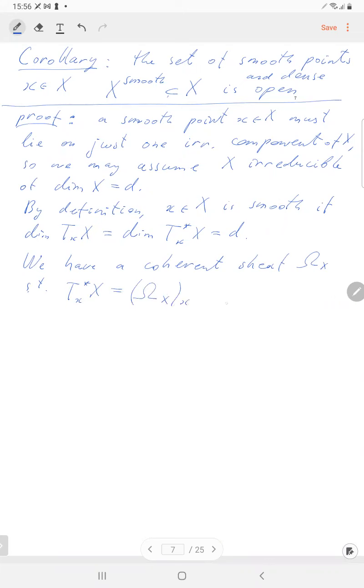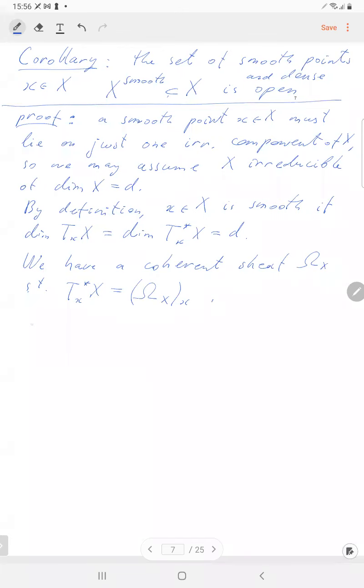But again, if you remember from the last lecture, we proved that the function on X given by the dimension of the fiber of a coherent sheaf is upper semi-continuous. I mean, it can only jump. It's generically constant, and then if your point specializes somewhere, it can only jump.